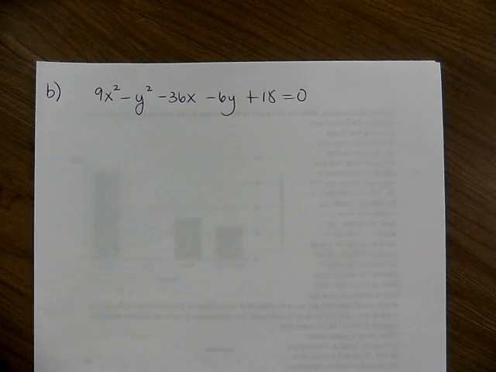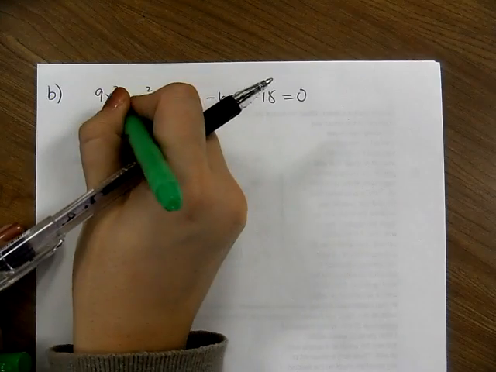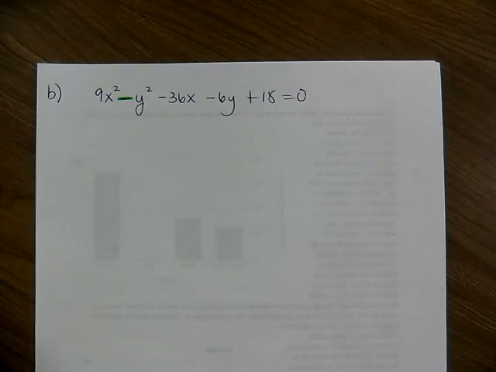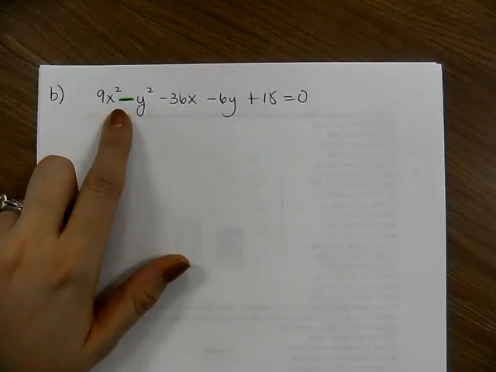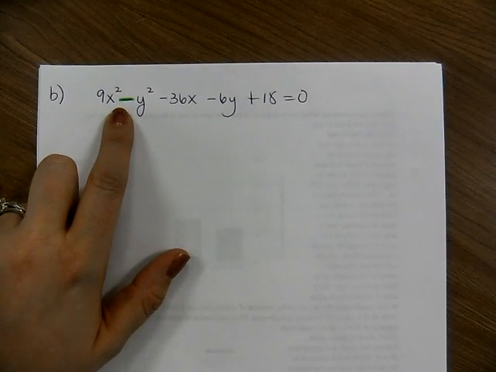So, what should we do first? Group them together. First of all, can you look at this equation and see that it's a hyperbola right now? Yes, you can. Not because they're all negatives, but because of this one specific negative. That tells you there are two squared terms and one of them is negative, which tells you this is a hyperbola.